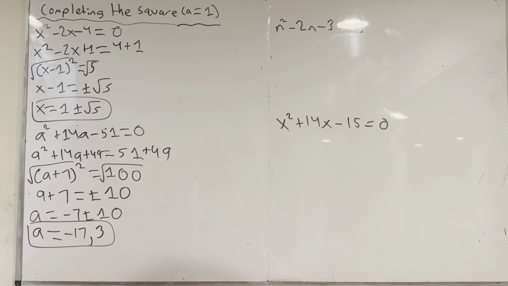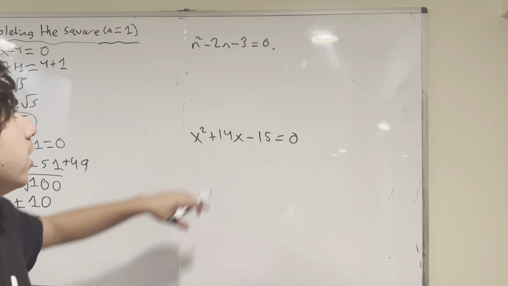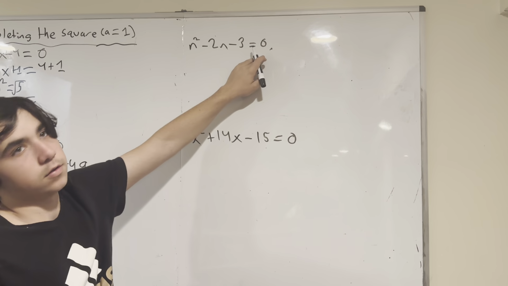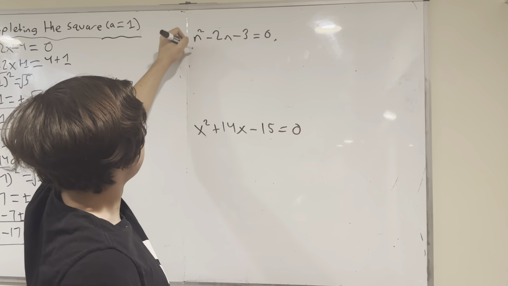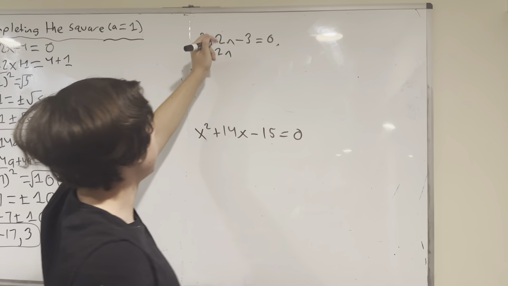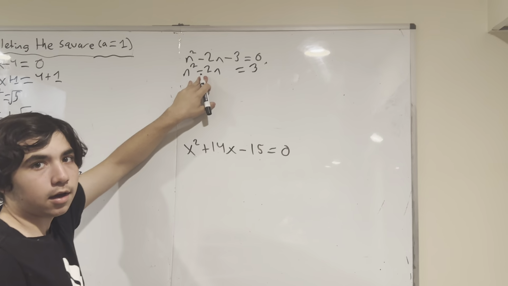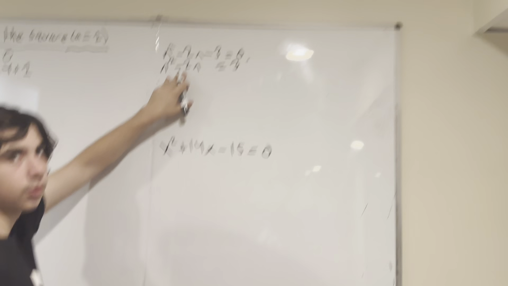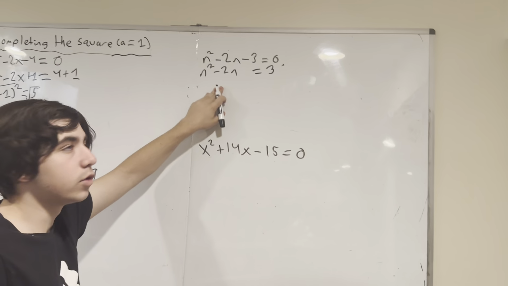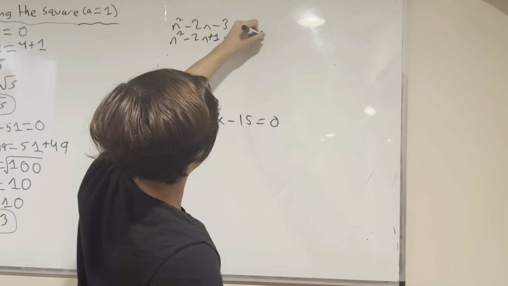Okay. Third problem here, we have n squared minus 2n minus 3 equals 0. Again, first step, put the 3 on the other side by adding 3. So I have n squared minus 2n, and that space, is equal to a positive 3. Take this negative 2, divided by 2, I get negative 1. Negative 1 squared is a positive 1. Add that positive 1 to both sides.